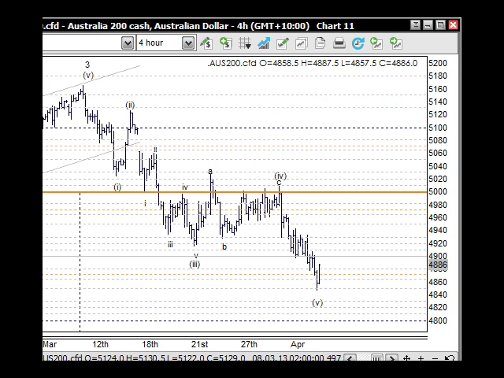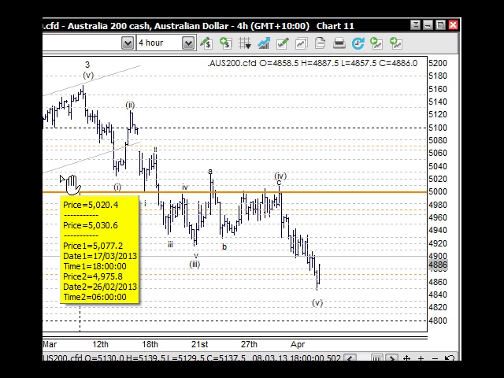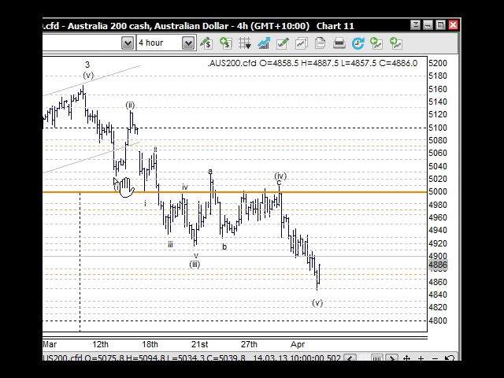The Australian market here, the ASX200 CFD, we're still looking at this five-wave structure to the downside. So we've got down for wave 1, wave 2, then we've got 5 waves down here for wave 3, then the A, the B, and the C wave here for wave 4.